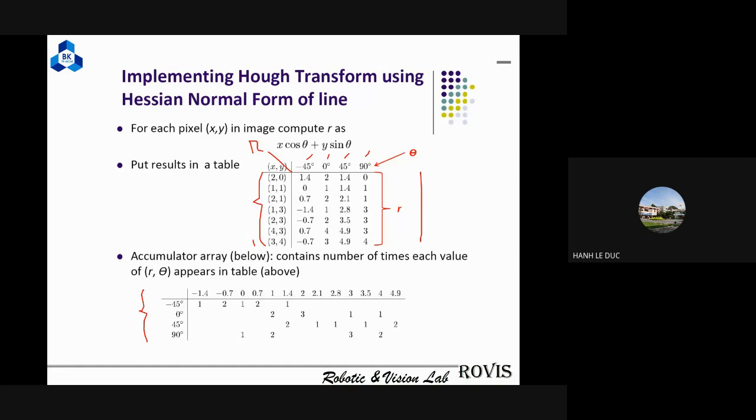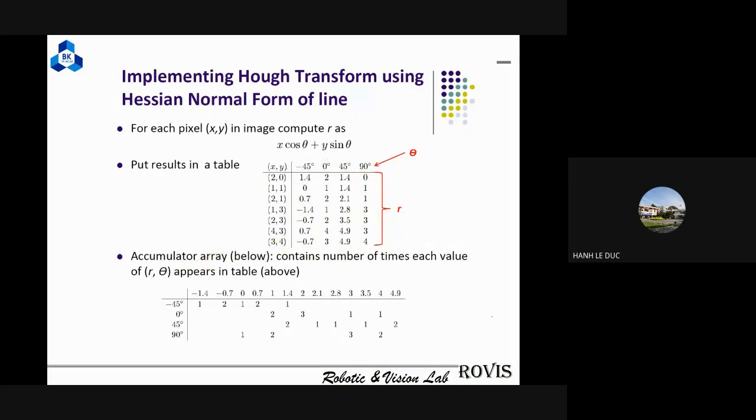In this table, you list all the values from the smallest to the biggest value of the R here. For example, the smallest is this one and the biggest is this one. List all the possible cases here, and this is the angle. And then do the voting.